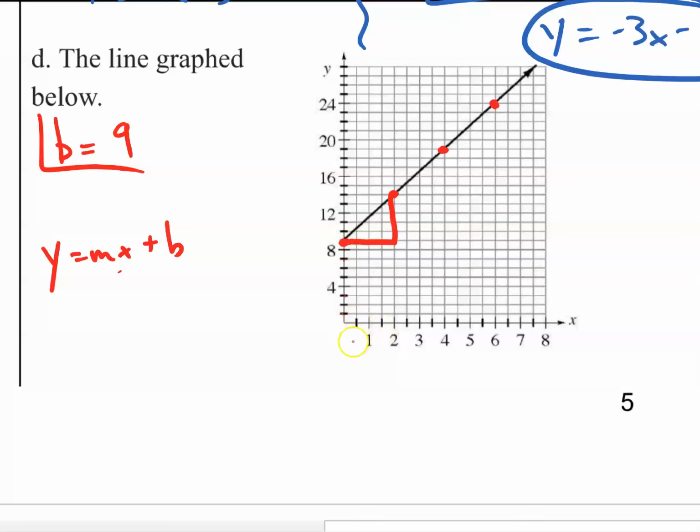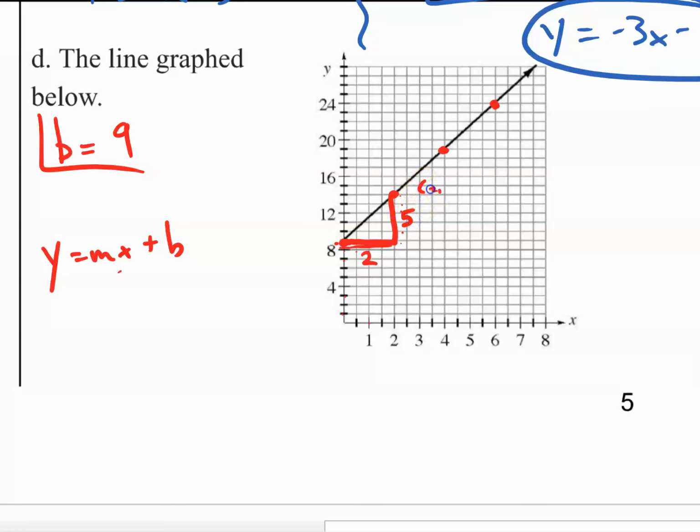Be careful because look how the x-axis is going by every other one. So like the length here is 1, 2. It looks like 4, but it's actually just 2 because of the scale on the x-axis. And then going up the y-axis, we're going from 9 to 14. So that's a distance of 5.